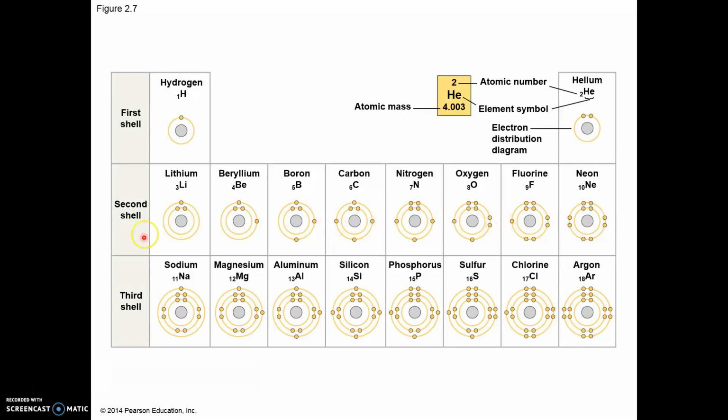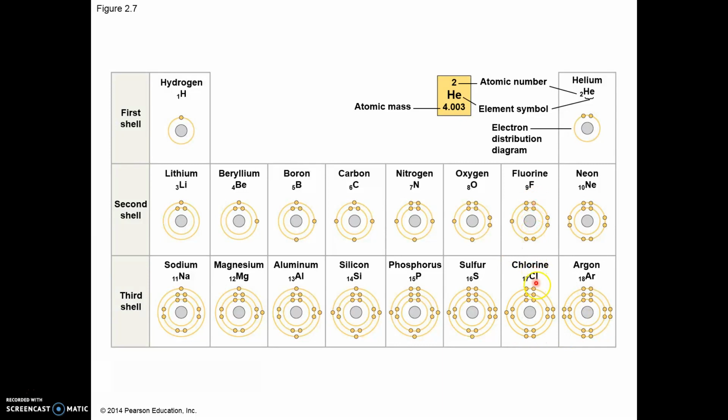Let's look at sodium. Sodium has 1 in its outer shell. It is very similar to lithium, which has 1 in its outer shell. Let's take a look over here at fluorine and chlorine. Fluorine has 7 in its outer shell. Chlorine has 7 in its outer shell.